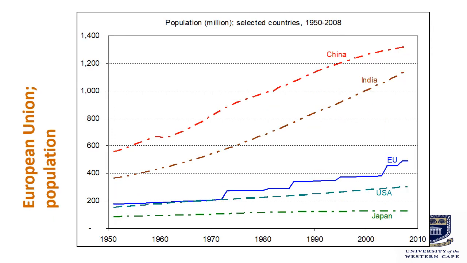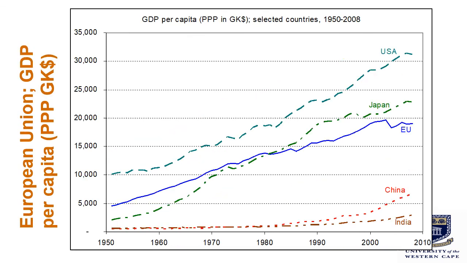In terms of population size, we find that the EU has the third highest population size when compared to China and India. If we then consider GDP per capita, which is the idea of taking GDP and adjusting it for population size, we find that the EU performs quite well, still has relatively good growth in GDP per capita, and is actually in third place.